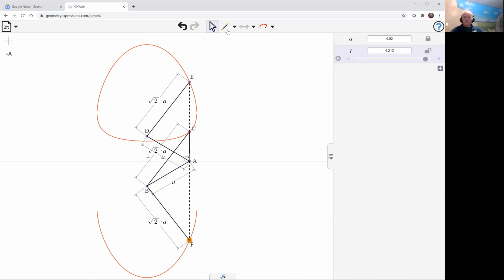And if we want the final piece of the curve, we'll connect up this line in this direction. This point, sorry, we put a line of, again, √2 times A. And again, we'll position G on the line CA. And trace it.